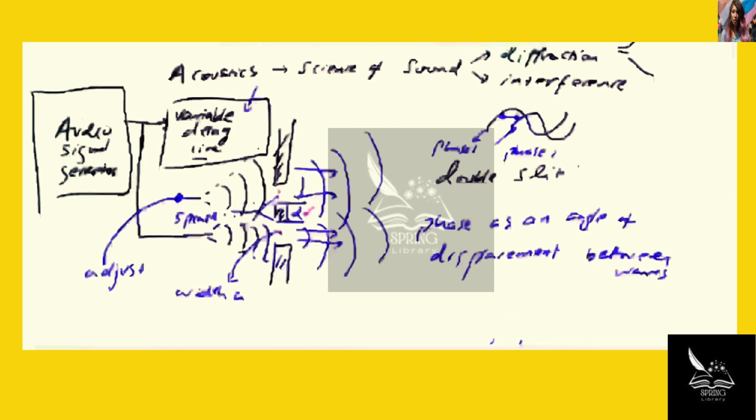So once again, we had a problem, and as you can see, there were two openings, two slits. The slits were distance d apart. Each width was a, and the speakers produced the sound, which is moving in the right direction, and they pass through the openings. There's going to be phase differences between these two waves. This is phase 1 and this is phase 2, and we can have some variation in the phase angles.